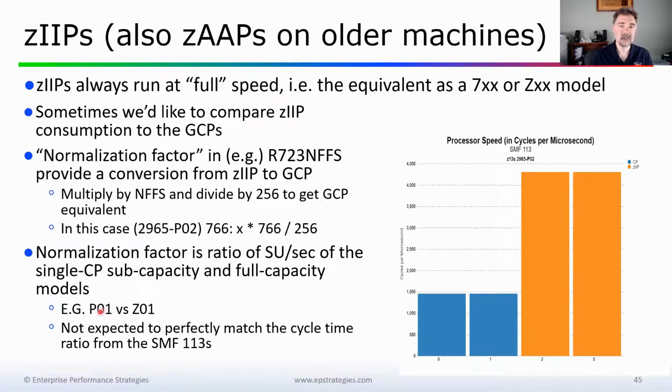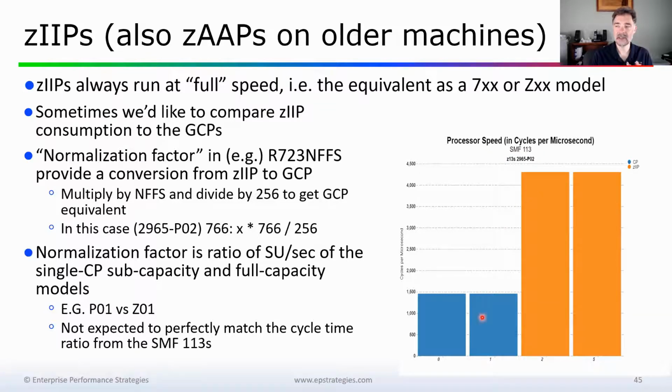In other words, if you're on a P02 here, a 2965 P02, the normalization factor is a ratio of P01 to a Z01 for a 2965. Okay. You can also look at the processor speed and cycles per microsecond from the SMF113 data.